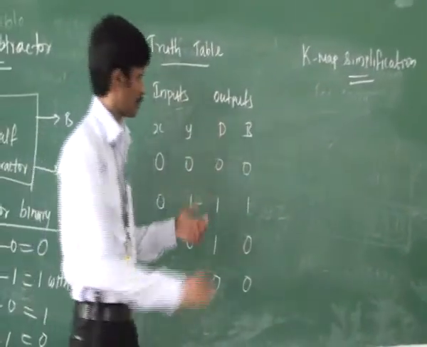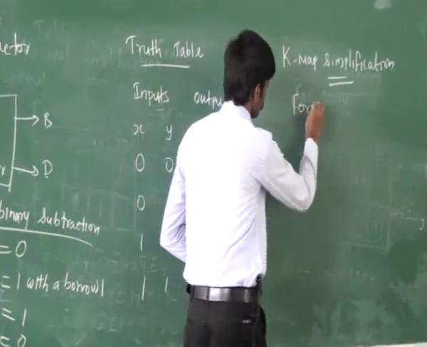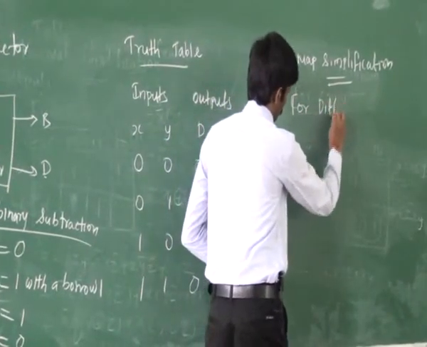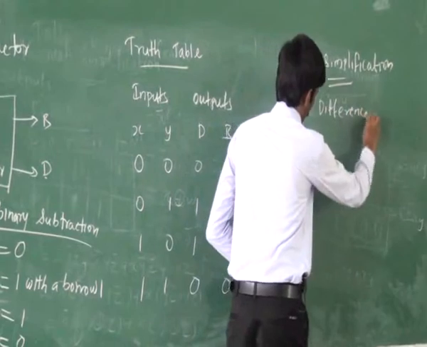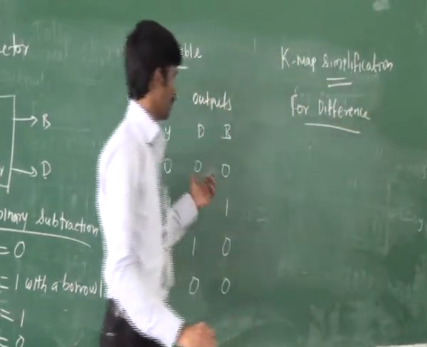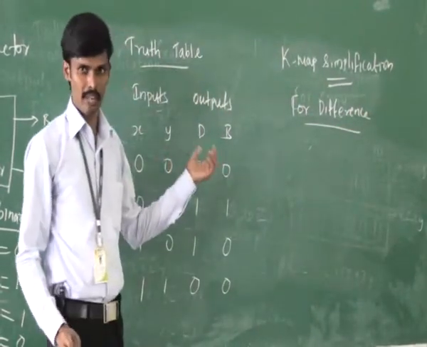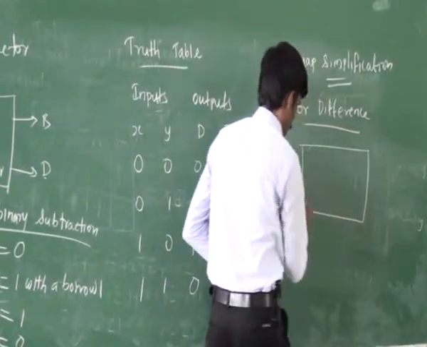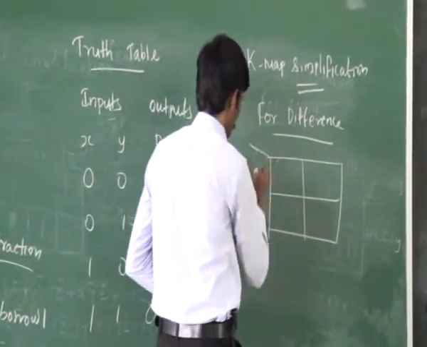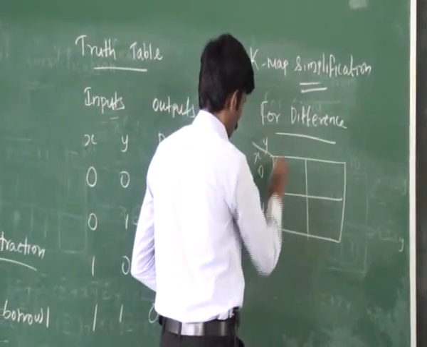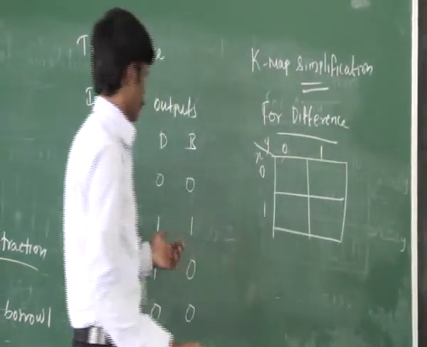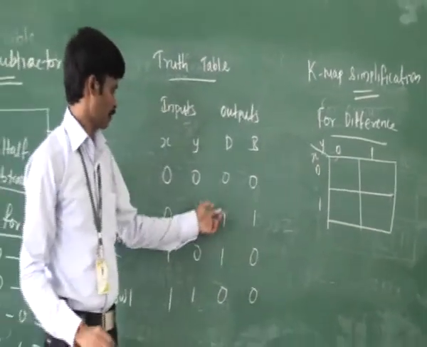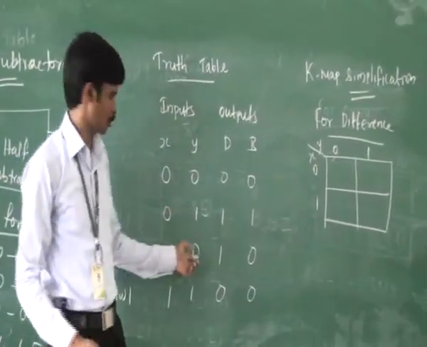First one for difference. Here we have two inputs, so we need a two variable K-map. Here the difference will be 1 for the combinations 01 and 10.